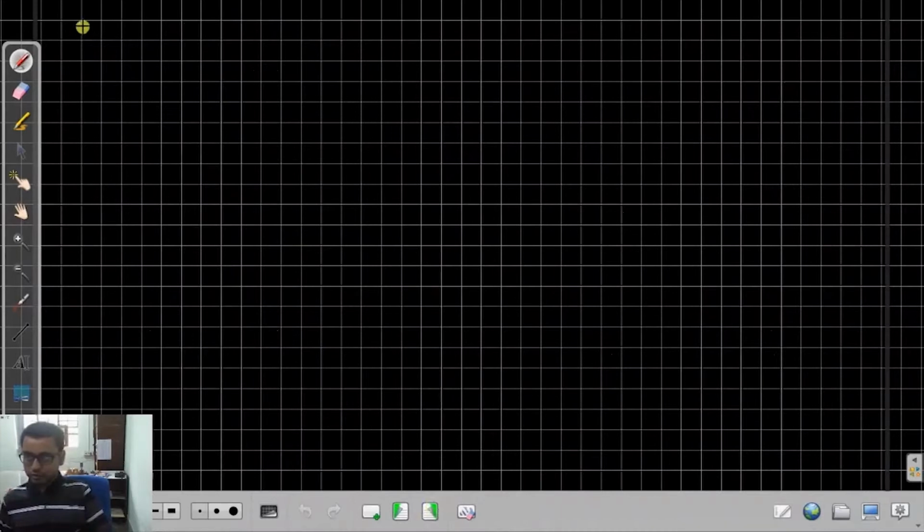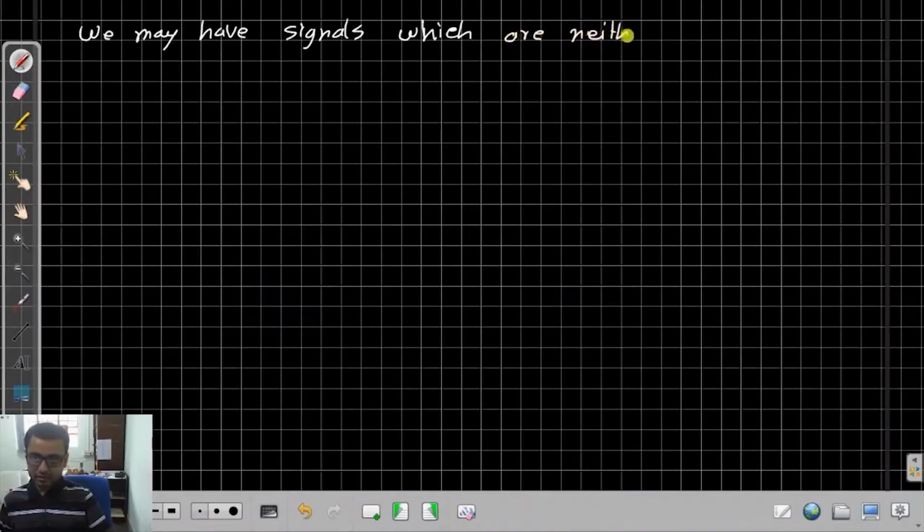Now you can have signals which are neither even nor odd. For example, consider x of t equal to e to the power t.